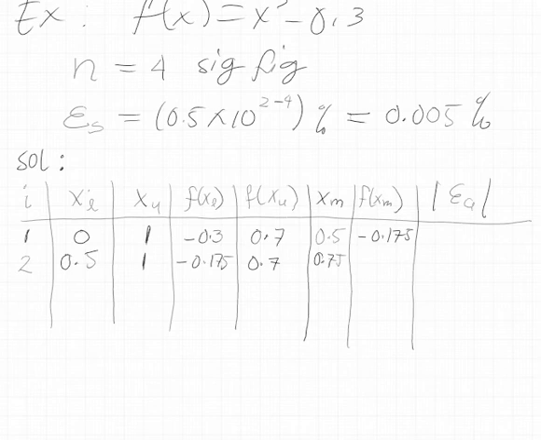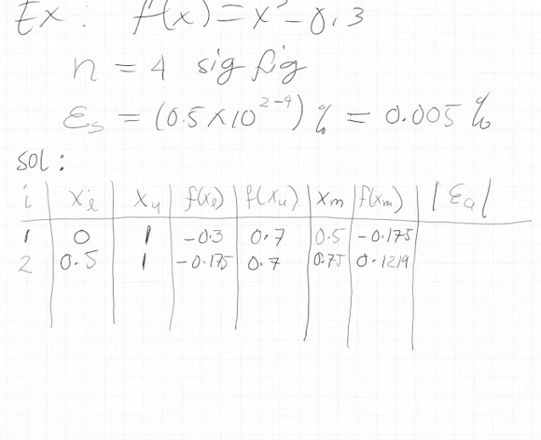Okay, what will be our f of xm? Our f of xm will be 0.75 cubed minus 0.3. So it will be 0.1219. Doesn't matter, you only need the sign. And we can now solve for our approximate error.